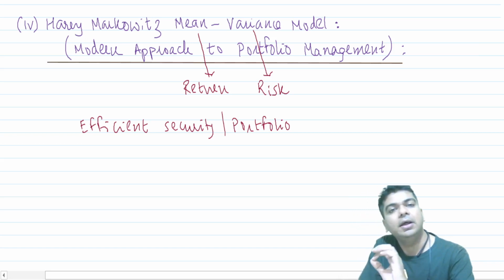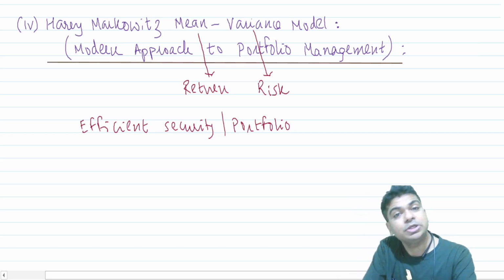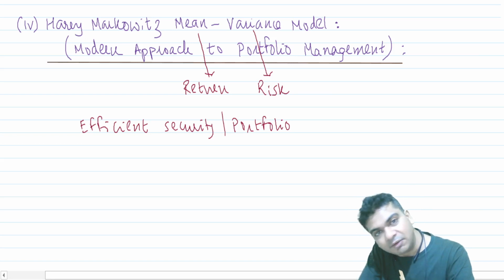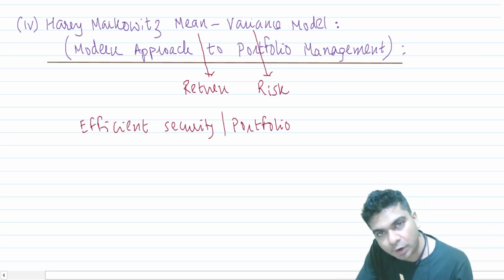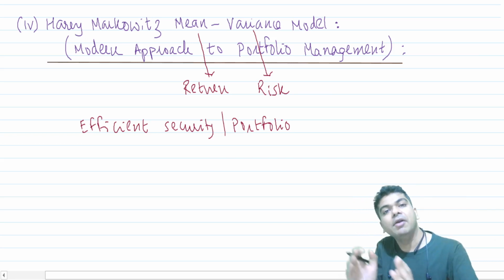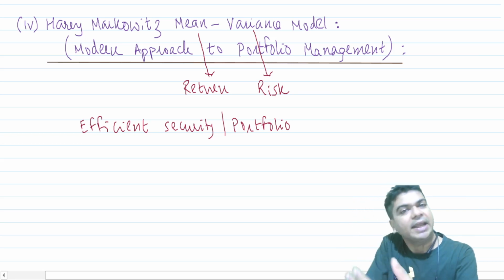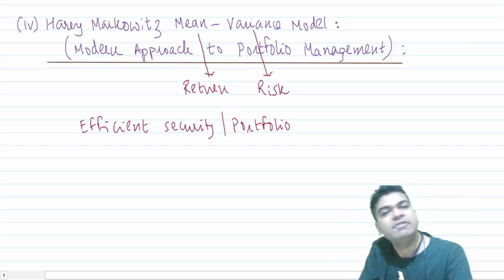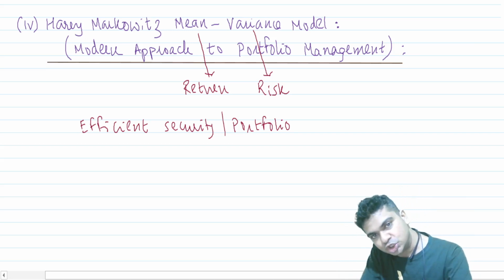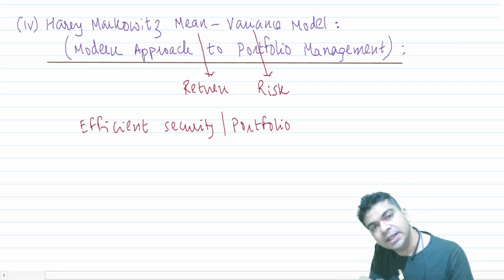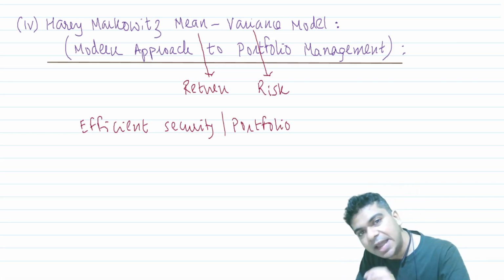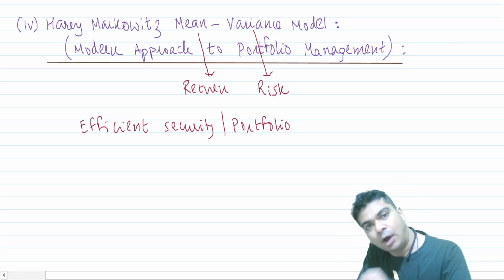Return, that is, dividend plus capital appreciation divided by MPS at the beginning, right? So you can use that formula and work out the return of the security, and then calculate the risk of the security. You can calculate the risk as variance. You can even calculate the risk as standard deviation. That's fine. So for every share that you are interested in, this is the basic statistical analysis that you are supposed to carry out.